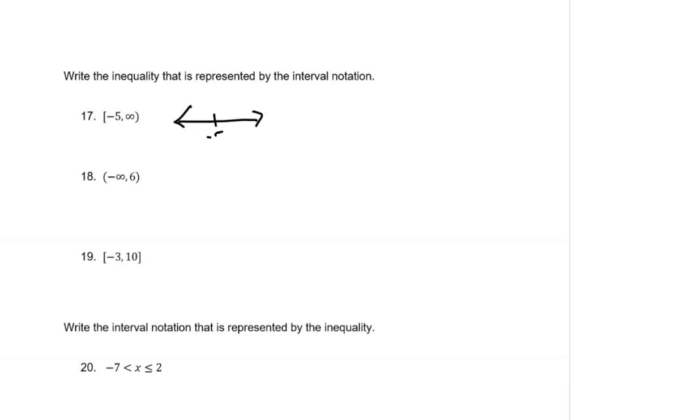Here's my -5 that I'm interested in, and I want to go toward positive infinity, so I want to go toward this side, and I need to have a bracket at -5. So the inequality here says that I want all numbers bigger than -5 or equal to -5. So x is going to be greater than or equal to -5.